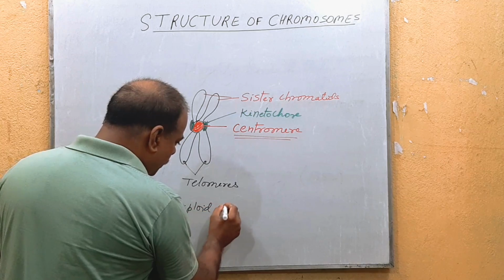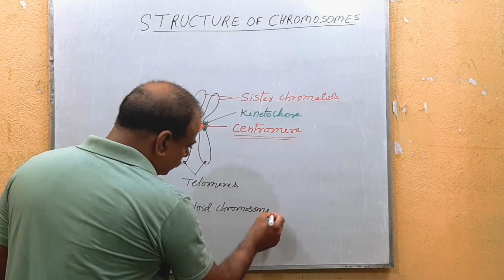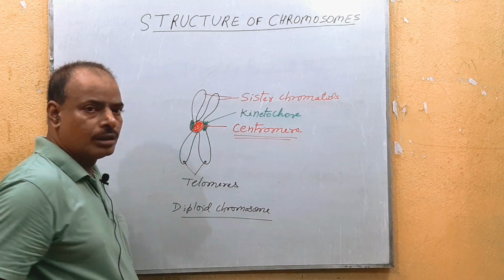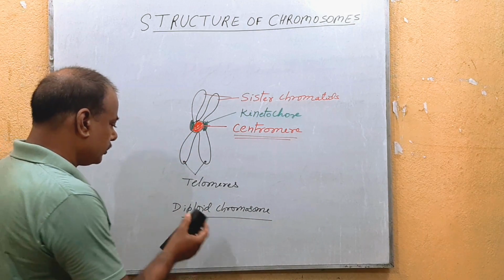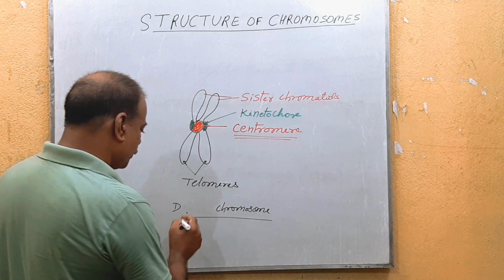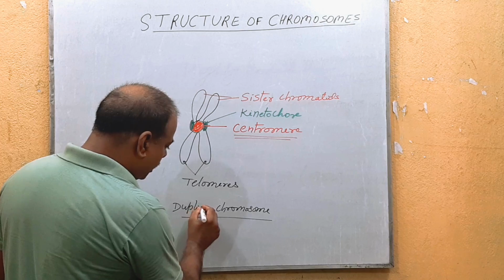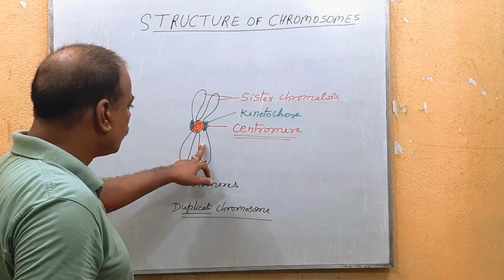Diploid chromosome, or you can say it is a duplicate chromosome.